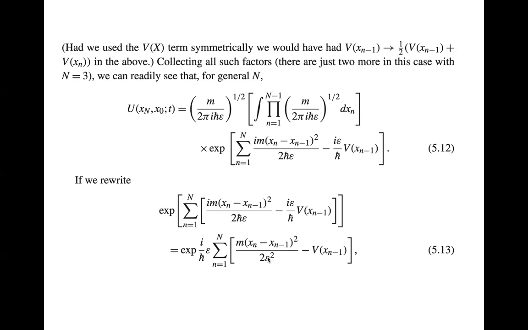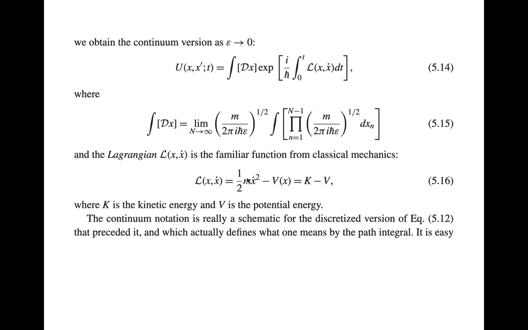If you have learned quantum mechanics, if you learn calculus, the limit of (x_n minus x_{n-1}) divided by the time difference, in the limit where the time difference goes to 0, that's defined as the derivative of x over time, right? So this is nothing but x dot. This is the calculus we have learned, right?